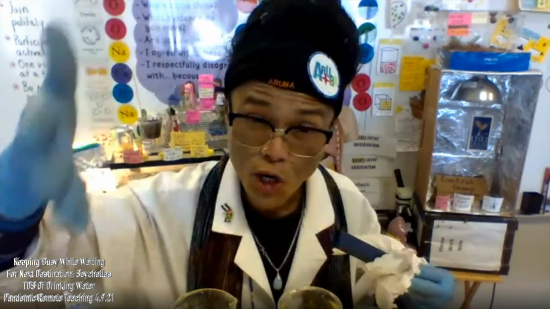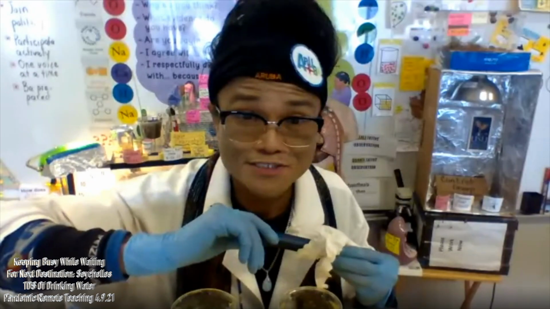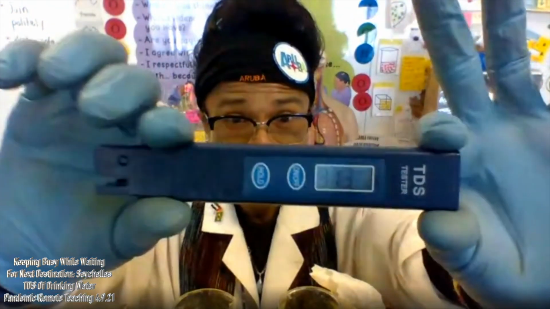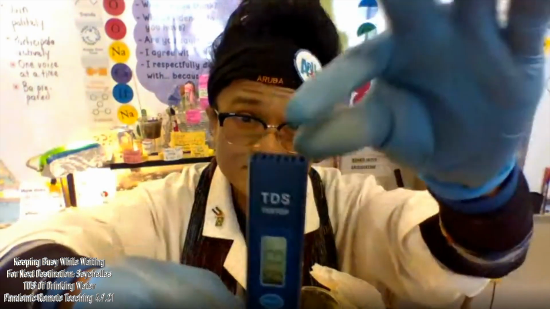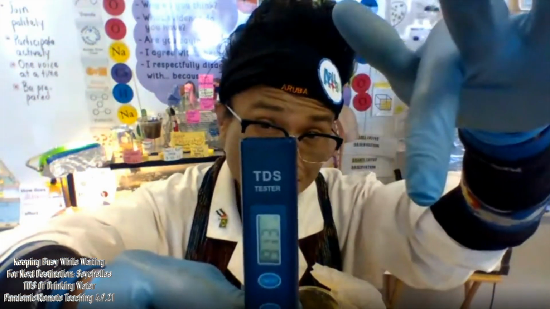All right? Okay? Vinegar has carbon, hydrogen, and oxygen. And that's the reason why. And one thing is that the vinegar is not for drinking. 319. And this device is called the TDS, Total Dissolved Solids.